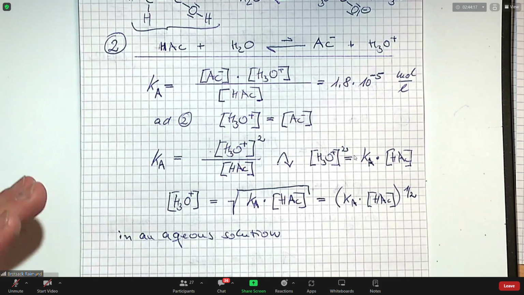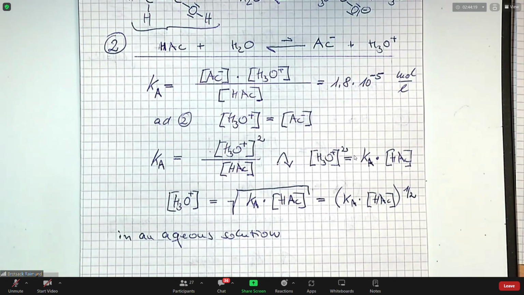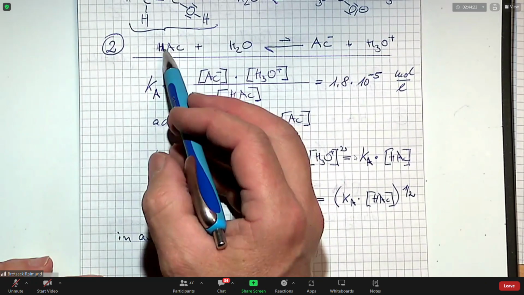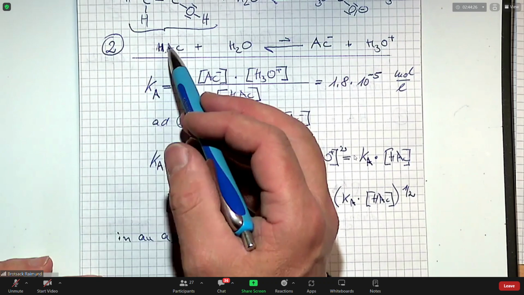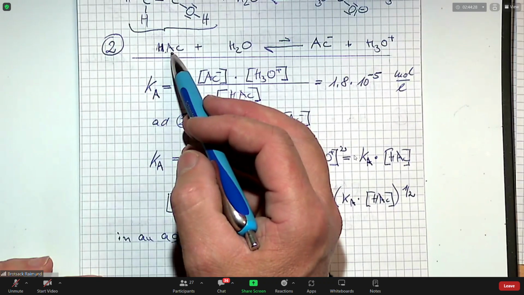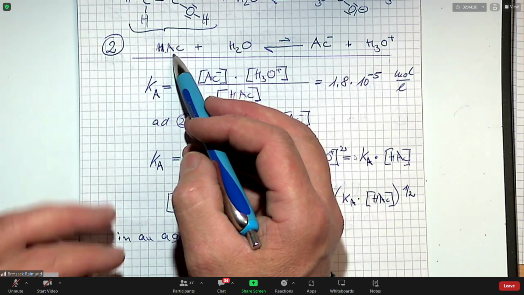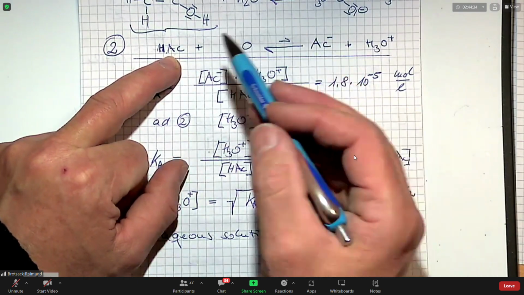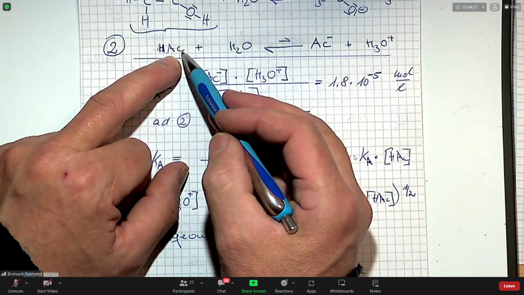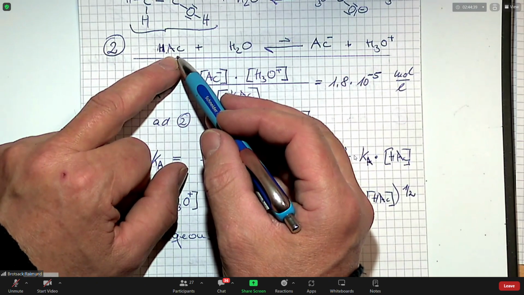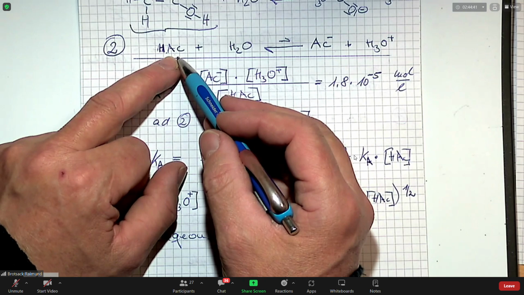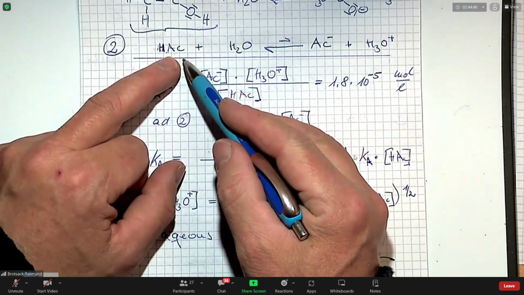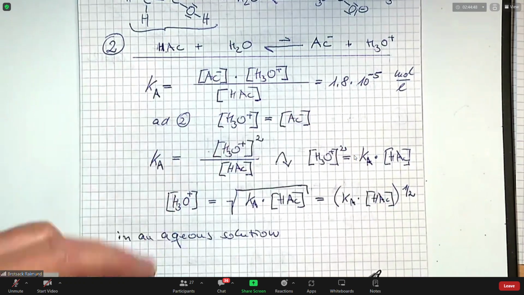And now we need another trick. The concentration of HAc in the equilibrium. In the equilibrium, how much of that is remaining? A part of it reacted to form Ac minus, and most of it stays as HAc when it is a weak acid, or at minimum an important part stays as HAc.